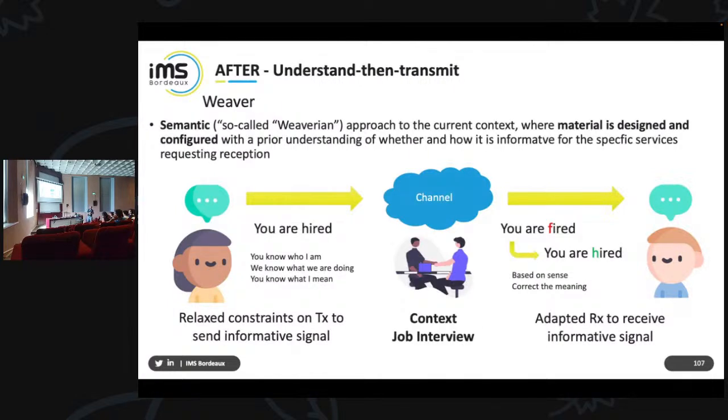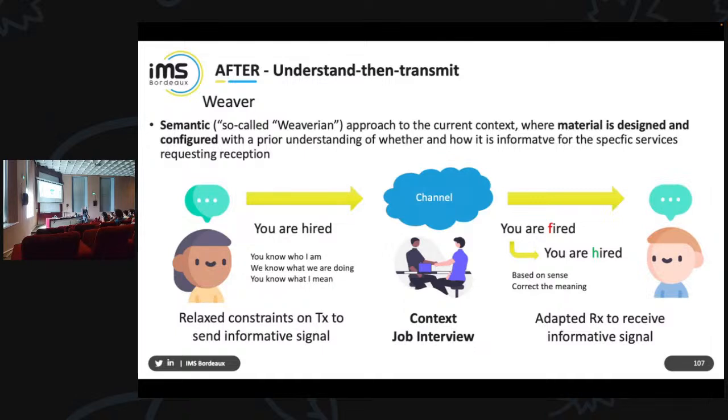Well, what we think about semantics, Weaver said there is no sense in being precise. For instance, we are in a job interview. I'm saying to you, you are hired, but I don't make so much effort. There is a lot of noise, and you hear, you are fired. So you think, what is he saying? I'm fired? But that's a job interview. Automatically, your brain will correct fired to hired.